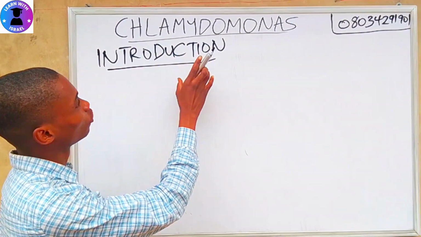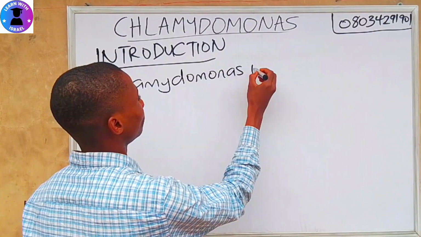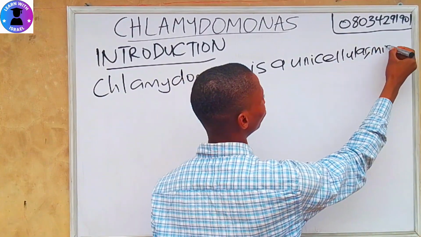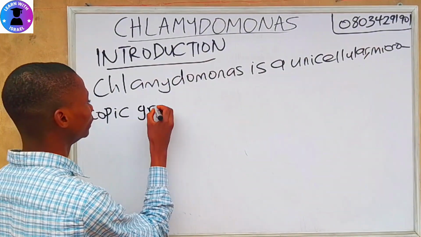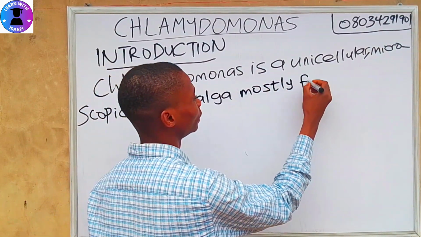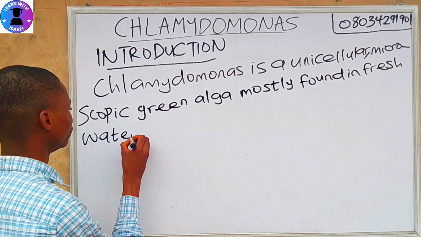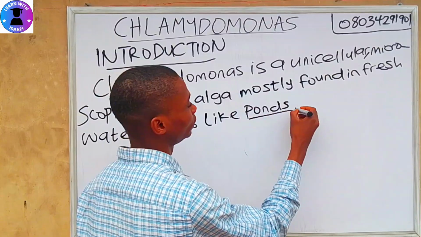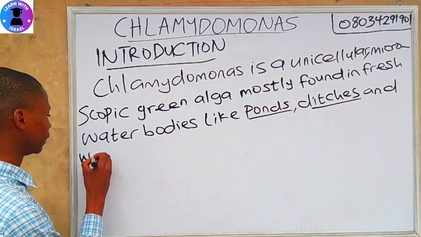So back to the class, Chlamydomonas. Chlamydomonas is a unicellular microscopic green algae mostly found in freshwater bodies like ponds, dishes, and wet soil.